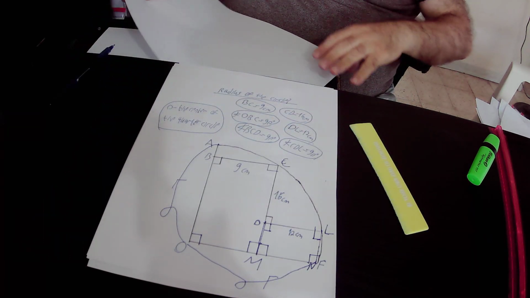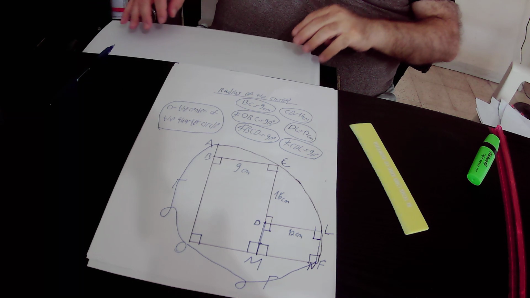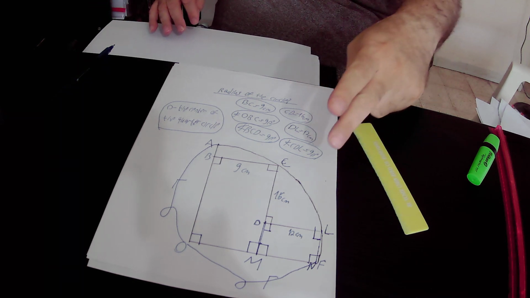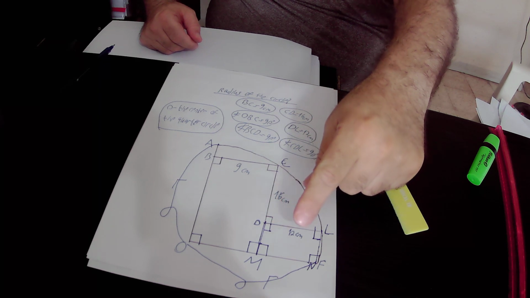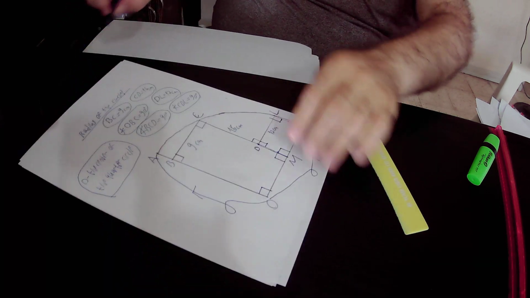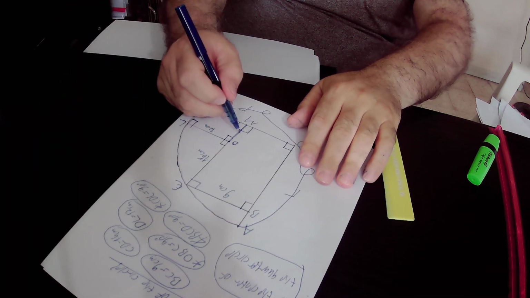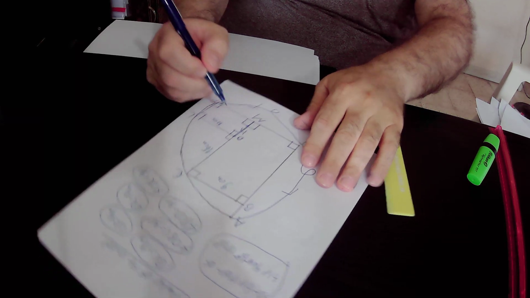We know that the opposite sides of a rectangle are equal to each other. So the opposite sides of rectangle DLMN must be equal to each other. We'll define side DM as h. Here side DM equals h according to our definition.